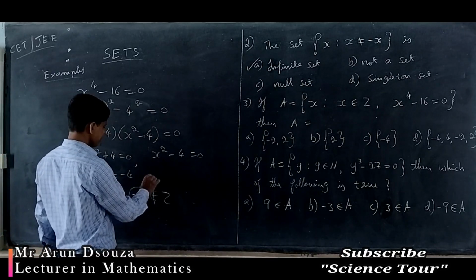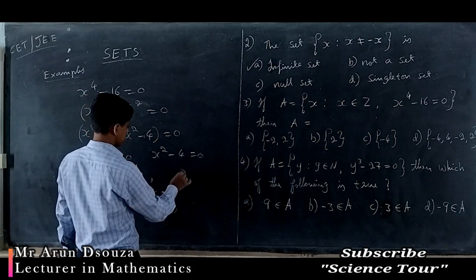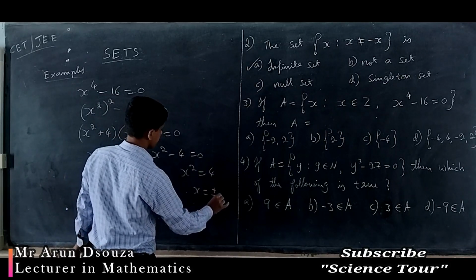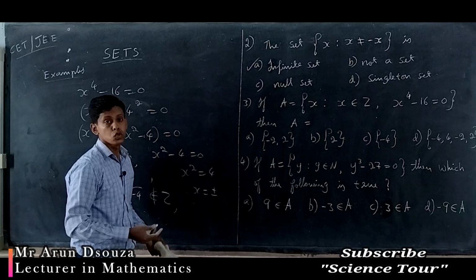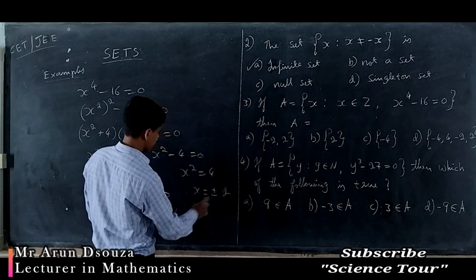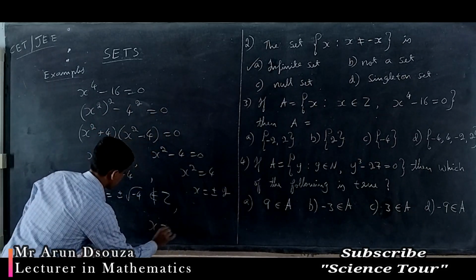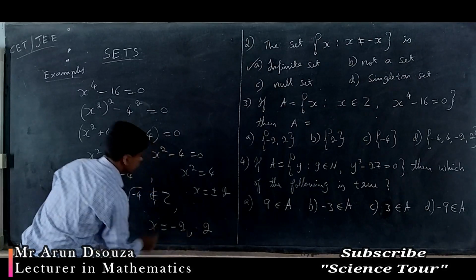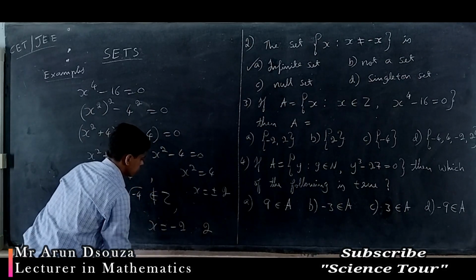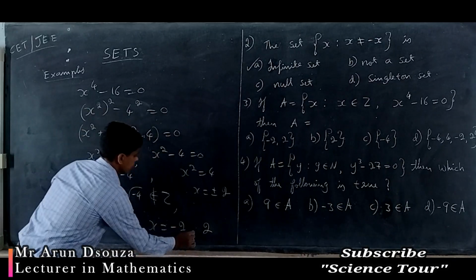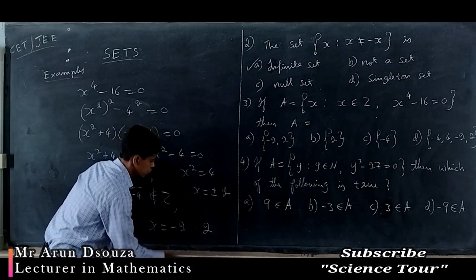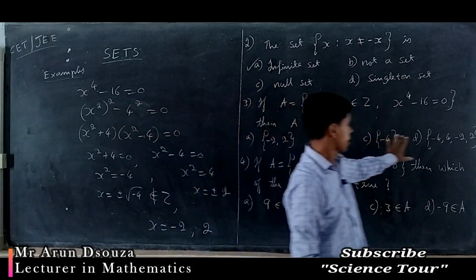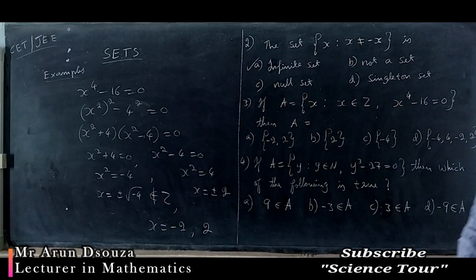Okay, then what about this? This is x square is equal to 4, x is equal to plus or minus 2. So you have plus 2 and minus 2, so you got two values here. Now you check which one is correct.